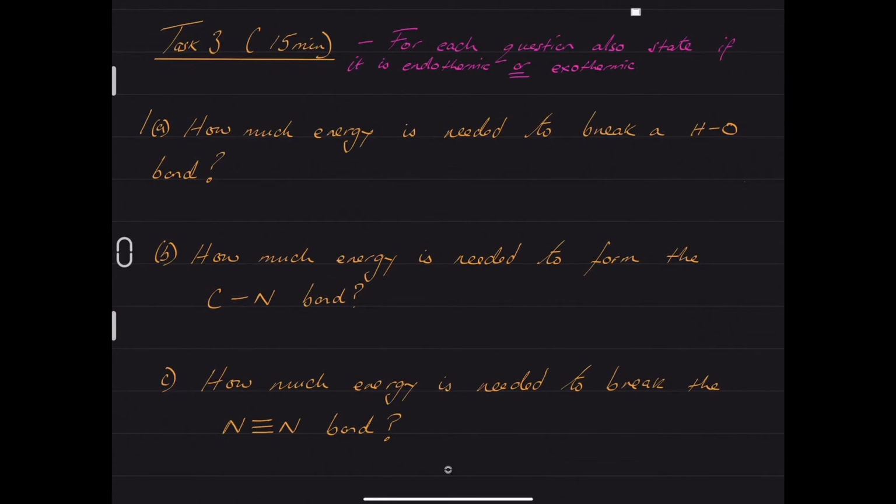Part B, how much energy is needed to form the carbon and nitrogen bond? So how much energy is needed to form the carbon to nitrogen bond? And then I want you to tell me, is that exothermic or endothermic?